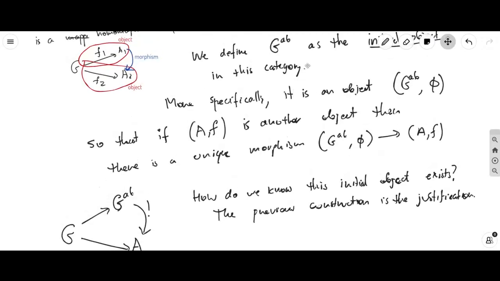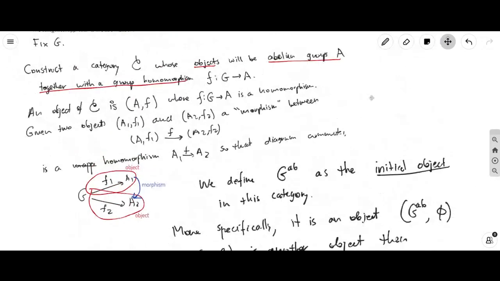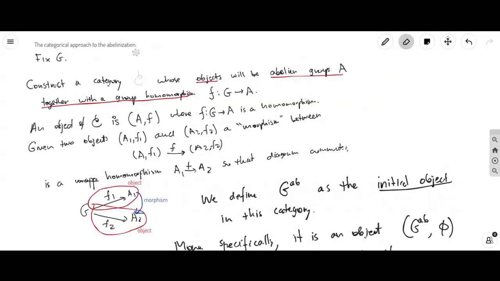But this, I think, is a nice illustration of how modern mathematics works. And that's why we call this the categorical approach. You can do this all throughout mathematics. Many of the constructions that one sees in mathematics, especially the ones that are very hideous and very difficult to write out explicitly, are often much more elegantly described in some kind of categorical fashion, where you develop a category with an appropriate notion of object and morphism, and then you look for the initial or terminal objects within that category, and that will define the construction you're looking for in a much nicer way.